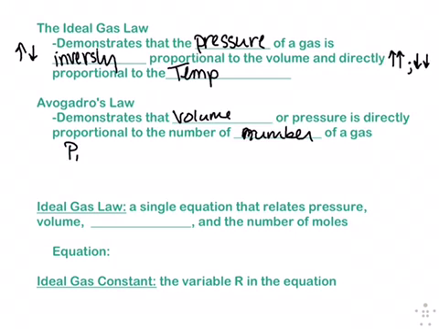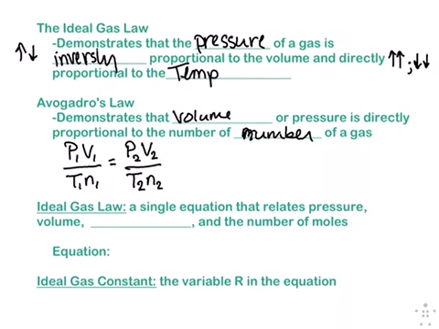So the formula here looks like P1 V1 over T1 N1, N standing for the number of moles of the substance, equals P2 V2 over T2 N2. Okay, so very similar to the formulas we worked with on Wednesday.